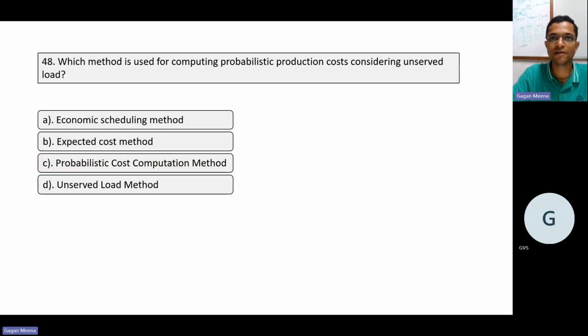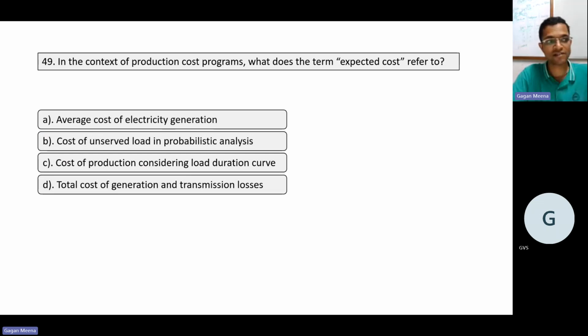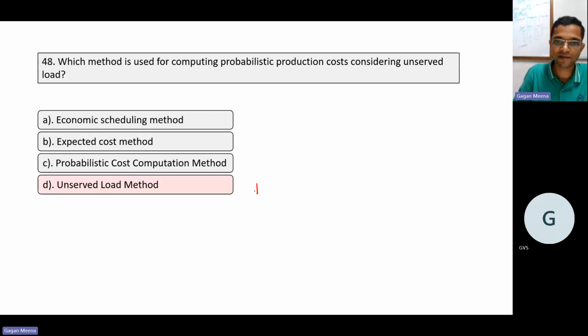Which method is used for computing probabilistic production costs considering unserved load? It is the unserved load method only, the demand not served method. It is based upon convolution of the outage PDF and the load PDF.